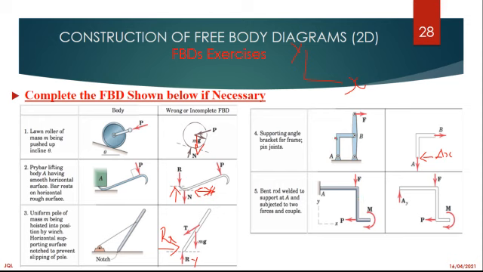Then at the same time, since it's AB, that is also a pin. So here we also need another force in that direction. That will be BY, right? Then this can also apply for the other arm, which is that.